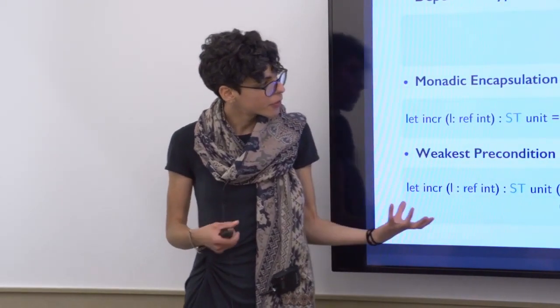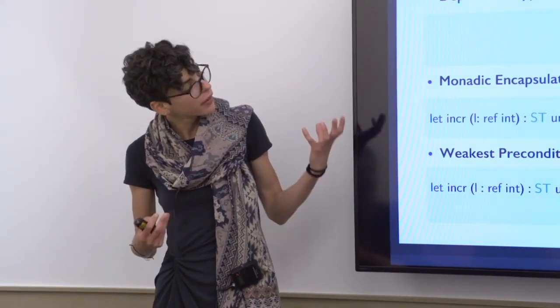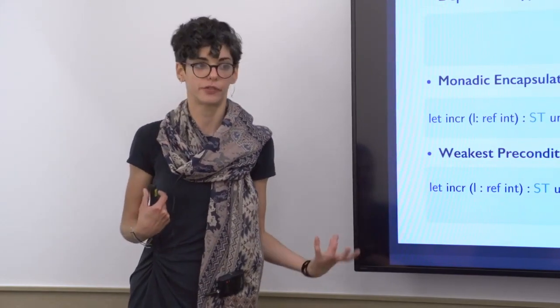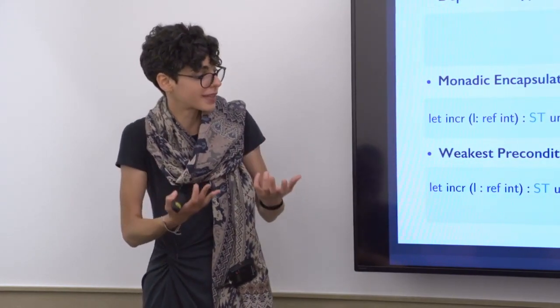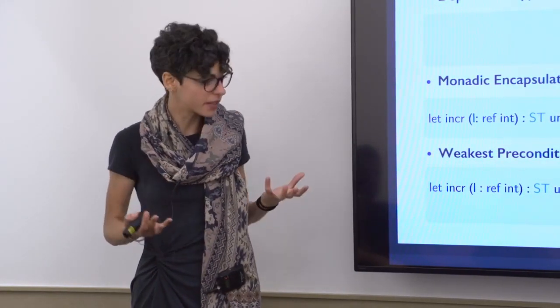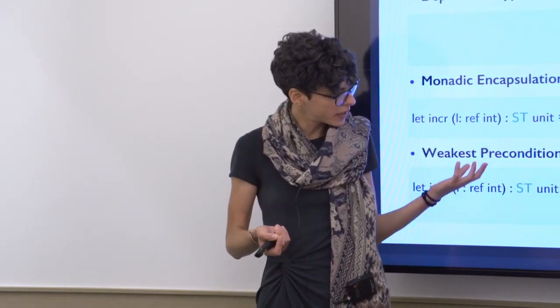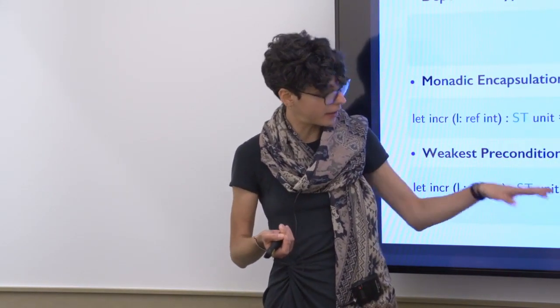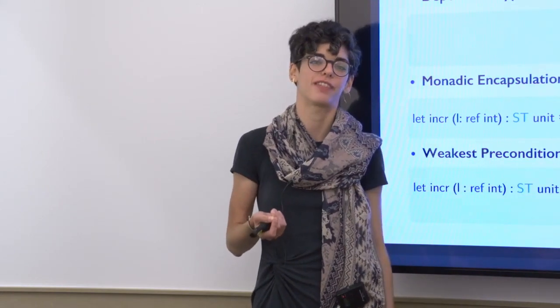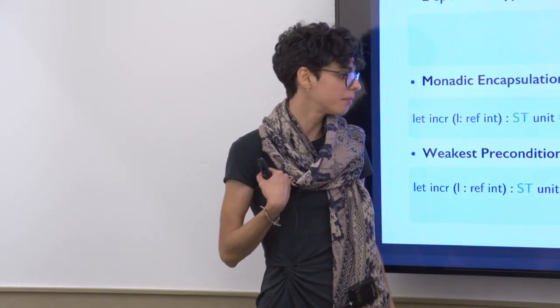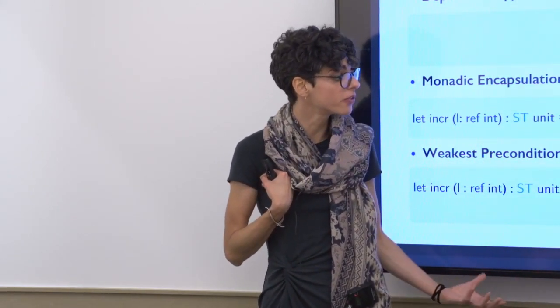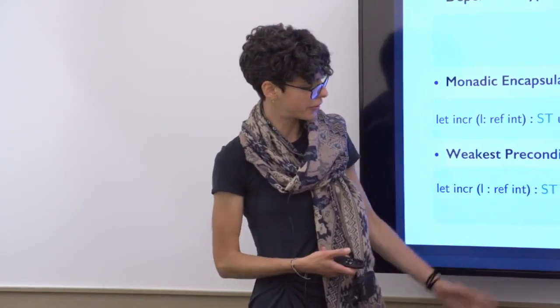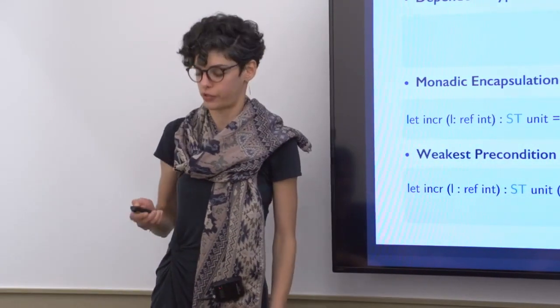And the way we prove it is F-star will infer a weakest precondition for this program, and then it will ask the SMT solver if the precondition of this program is stronger than the weakest precondition inferred for this particular postcondition, and then we are able to prove that this postcondition is true.